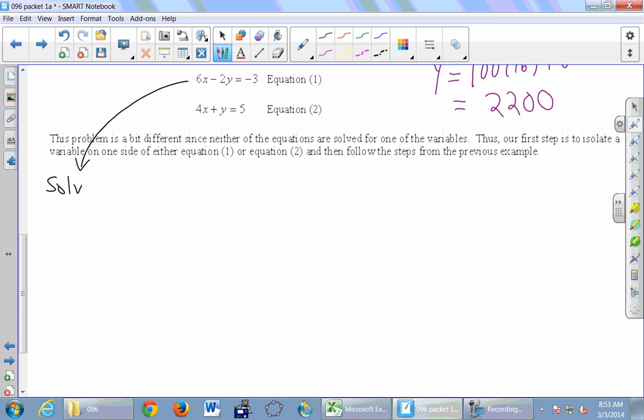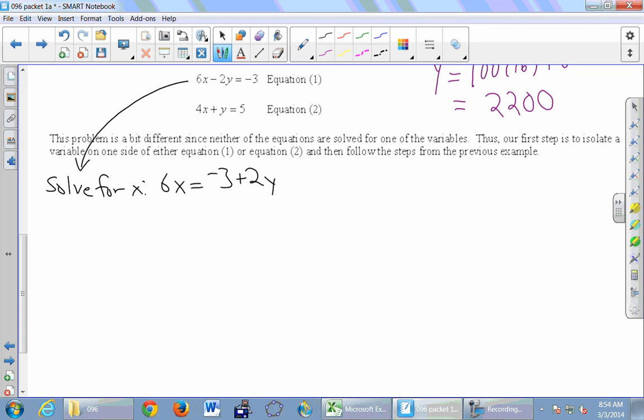If I solve this equation for x, for example, if I just pick that one of the 4 options, I've got to get x by itself. So first I move this negative 2y over by doing what? Adding it. That gives me 6x equals negative 3 plus 2y. Add the 2y over. And then what do we have to do to solve for x?